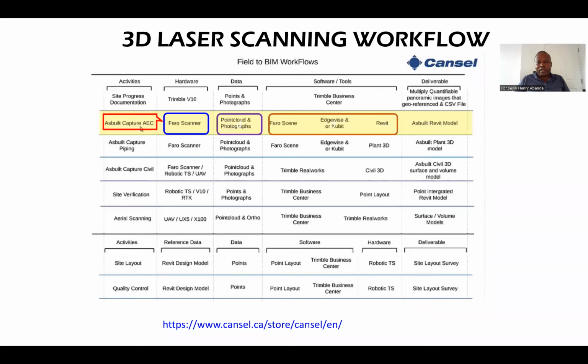You can now process this in the different software systems, either Faro Sim, Edgewise, or even Revit. Depending on the file output from the Faro Scanner, it can directly be taken to Revit, and based on that, the 3D model is generated, and that's what we're getting at the end there: the as-built Revit model.